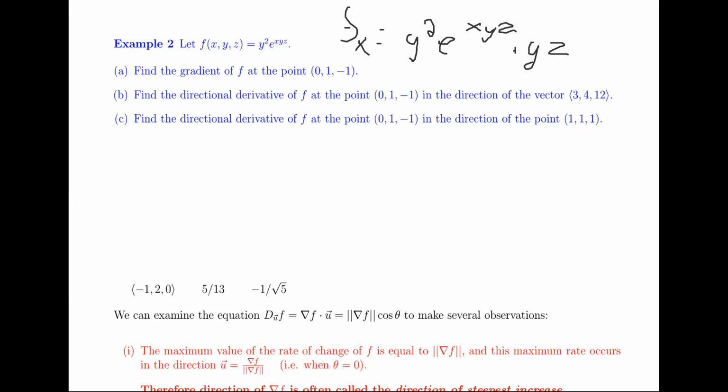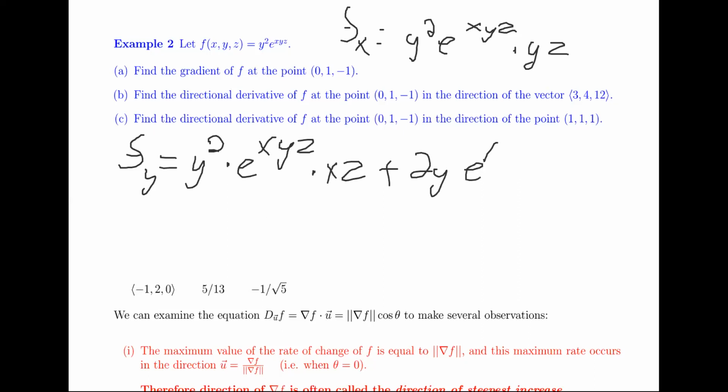F sub y is equal to y squared times the derivative of e to the xyz, which is e to the xyz times xz, plus 2y e to the xyz. We had to do our product rule there because y squared is a function of y and e to the xyz is a function of y.